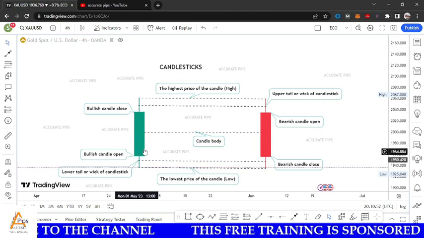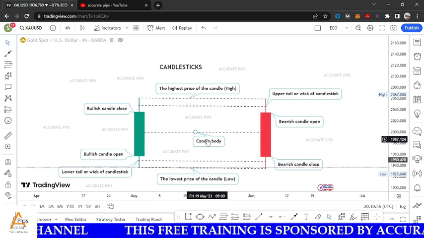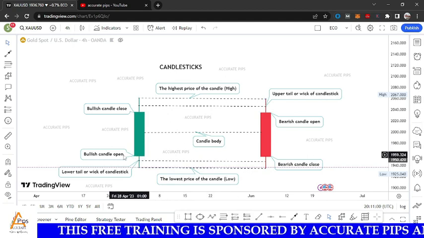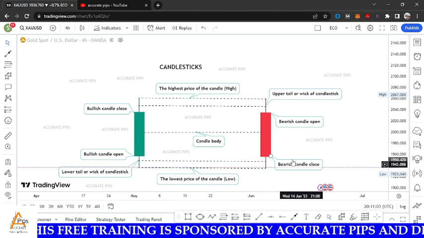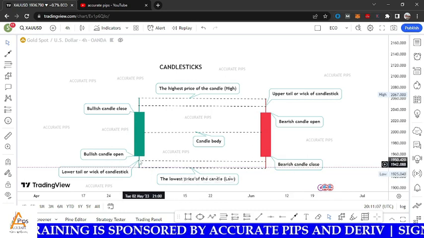Now the solid section of both candles is referred to as the body of the candle. As I said, this is the open of the bullish candle, but for the bearish, this is the close of the bearish candle.